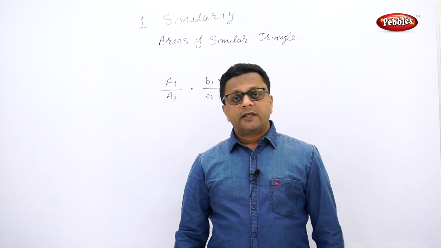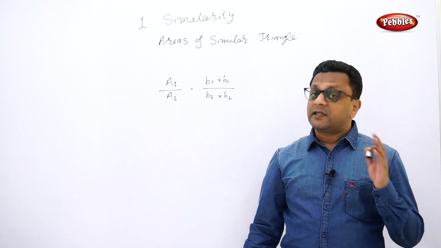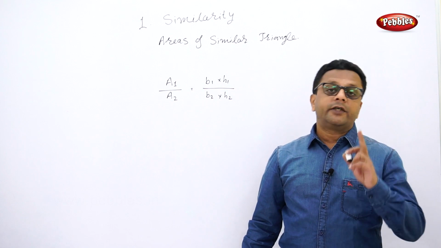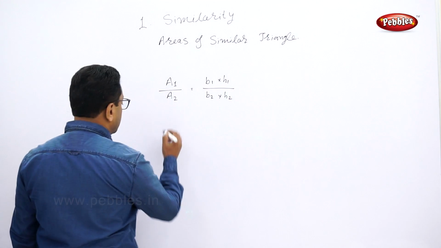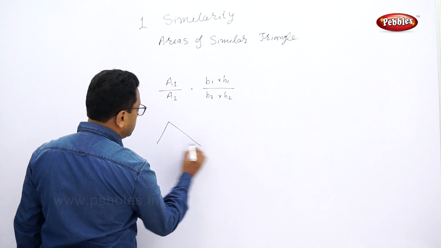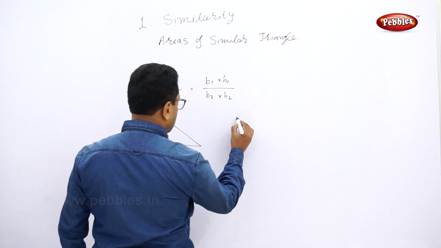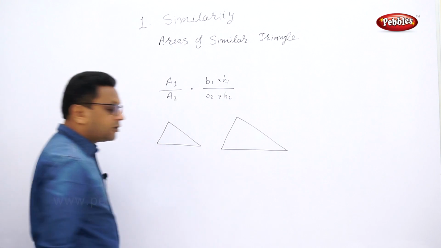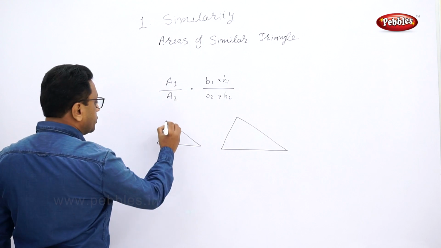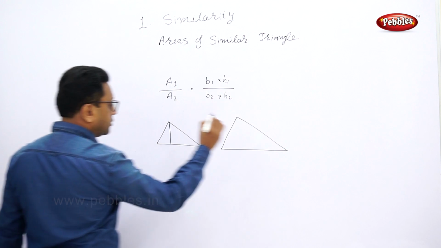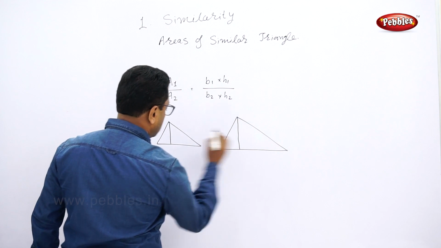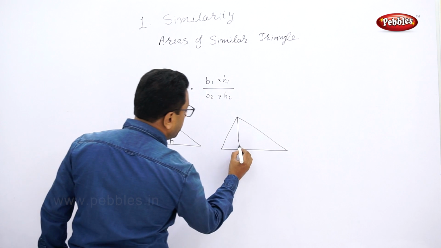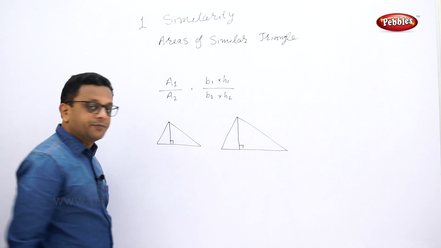Now let us see what is the relation of the sides of the triangle to its height. For example, if these two triangles are similar to each other, so this is their height. You know that their height is the perpendicular to the base.